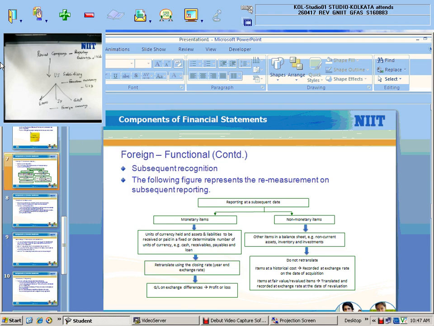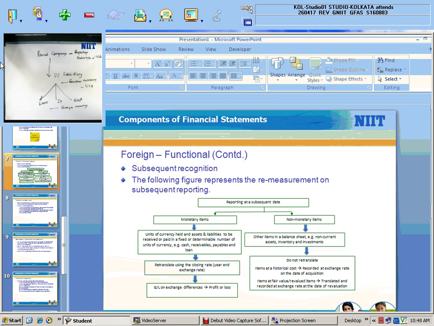In respect of monetary items reporting at a subsequent date, units of currency held and assets and liabilities to be received or paid in a fixed or determinable number of units of currency, for example, cash. Like say, the Indian branch of the ABC Bank is holding some foreign currency because they are doing foreign currency transactions also. They are selling and buying foreign currency.